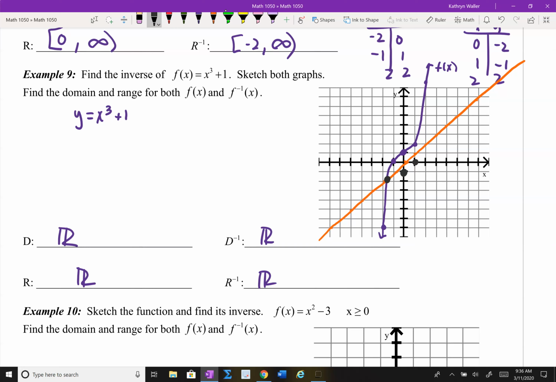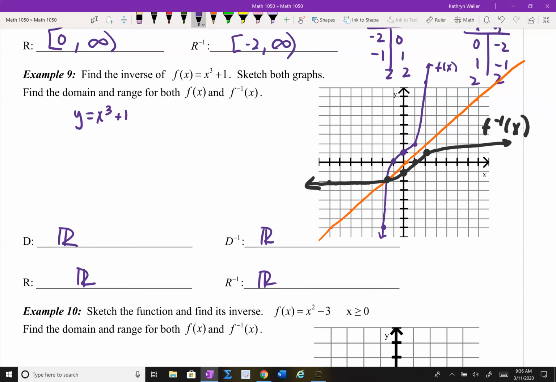My line's just a titch off. Looks like that. This guy right here is 2.5 diagonals, so that's going to be over there. Yeah. So it looks like this. Label it f inverse of x.